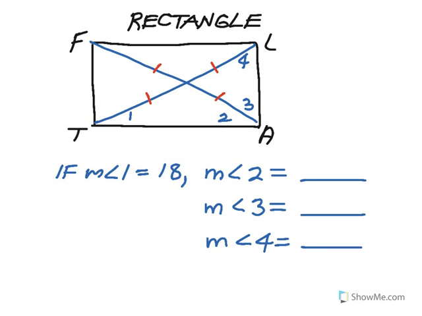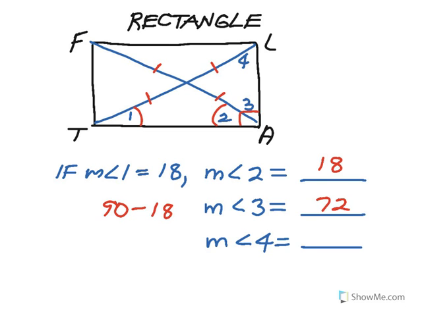So if angle 1 is 18, then this other base angle to this bottom isosceles triangle is also the same measure of 18. And angle 3, because I know that this whole thing, angle A, is a 90-degree angle, then angle 3 is going to be the 90-degree angle minus angle 2, minus 18, so 72 degrees.